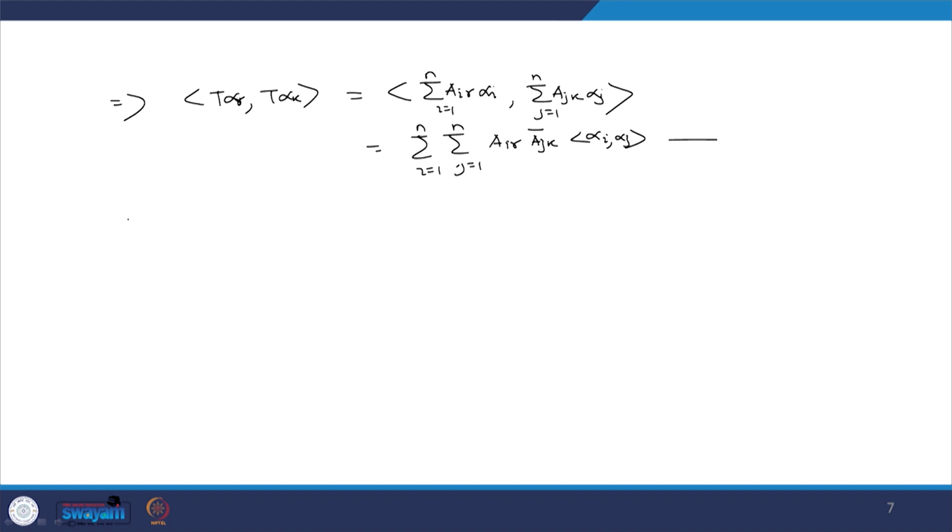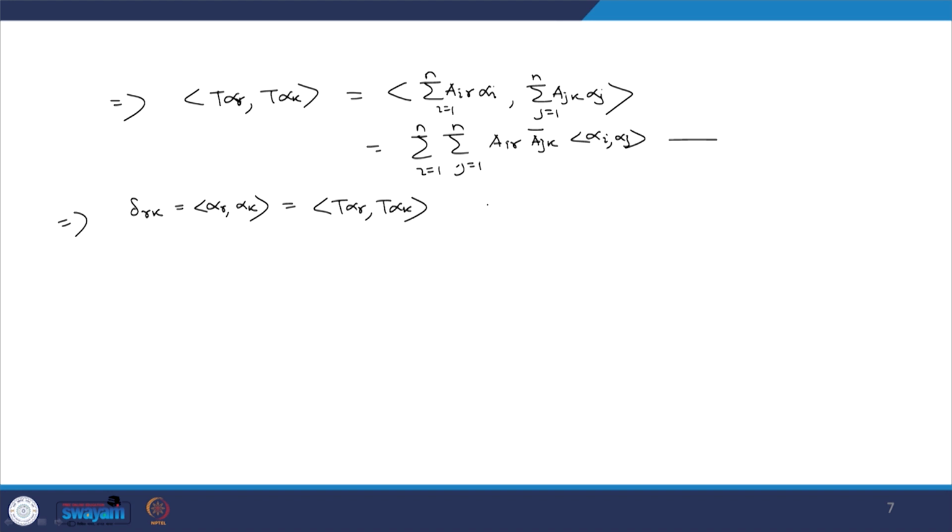According to the definitions, this implies delta r k, which is equal to the inner product of alpha r and alpha k, which is equal to the inner product of T alpha r and T alpha k.